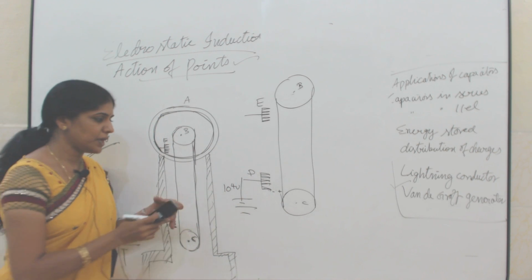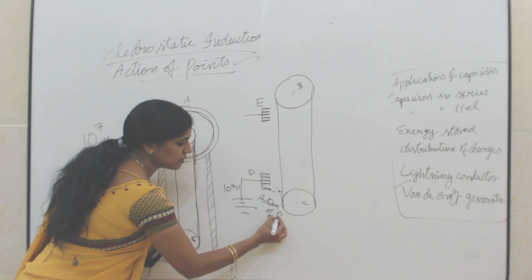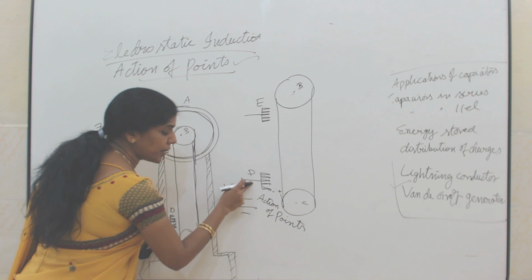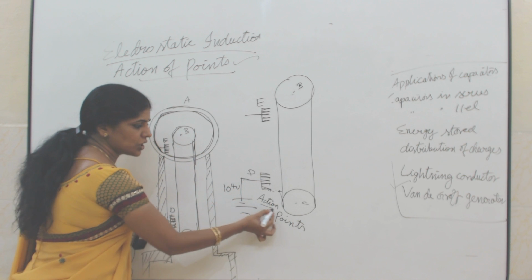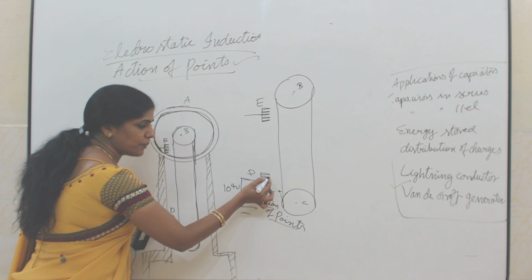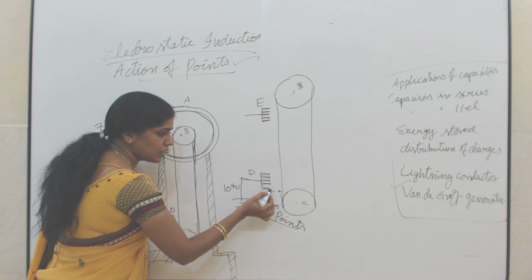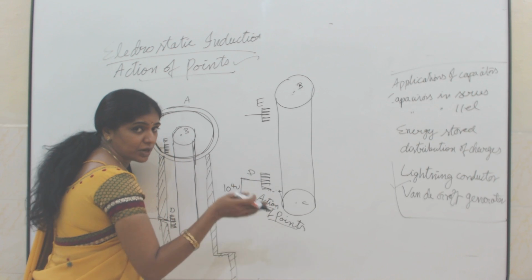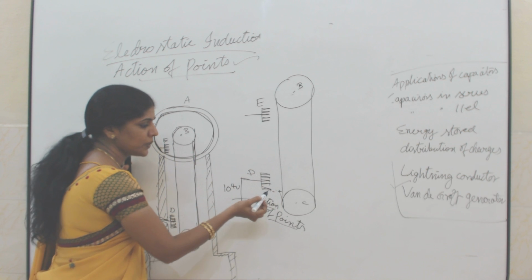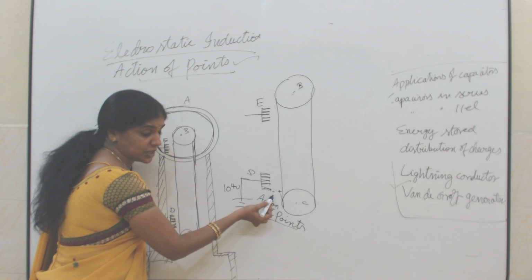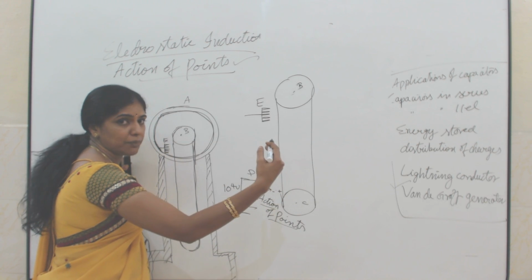So at the comb D, since it is connected to the positive terminal of the battery, more positive charges will be stored at the sharp end. It starts leaking the charges due to the ionization of air. When the air gets ionized in its vicinity, the negative charges will be attracted towards the positive charge and positive charges will be repelled away.